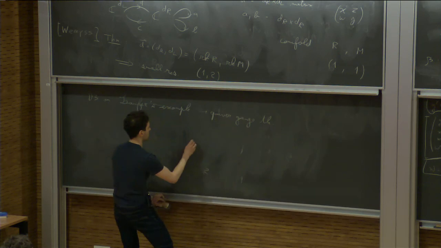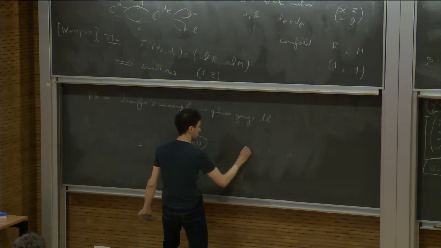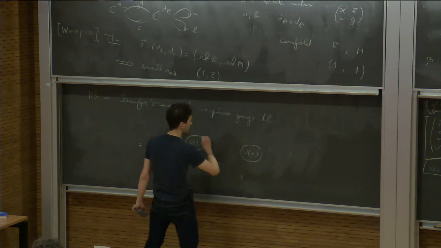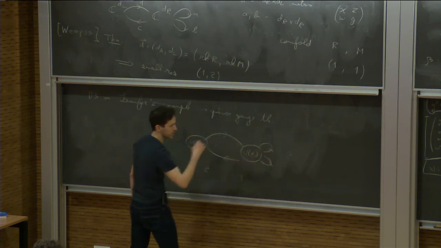You're going to have U1 cross U2 with the arrows that I just gave you and the superpotential there.